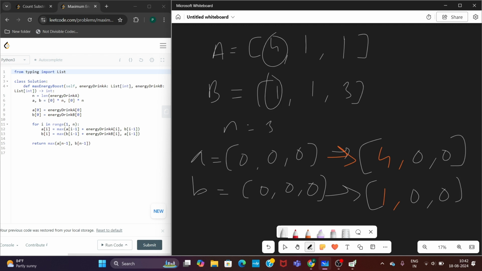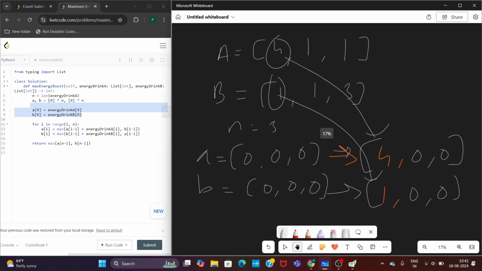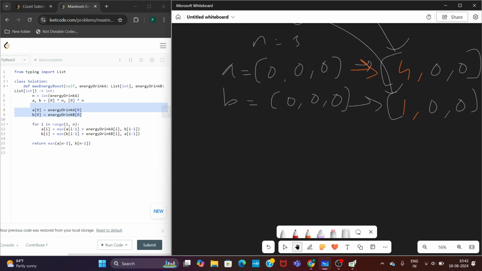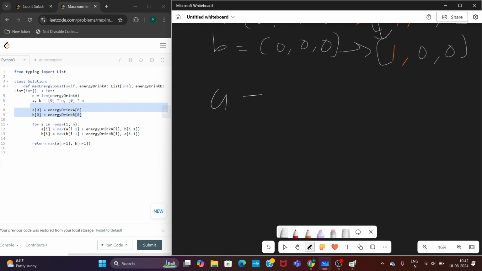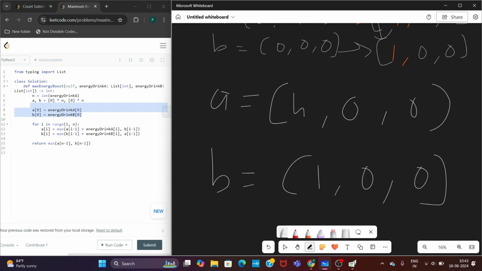Again, A of 0 will be equal to energy drink of A of 0. Okay, so this is my final A and B. A equals 4, 0, 0 and B equals 1, 0, 0.